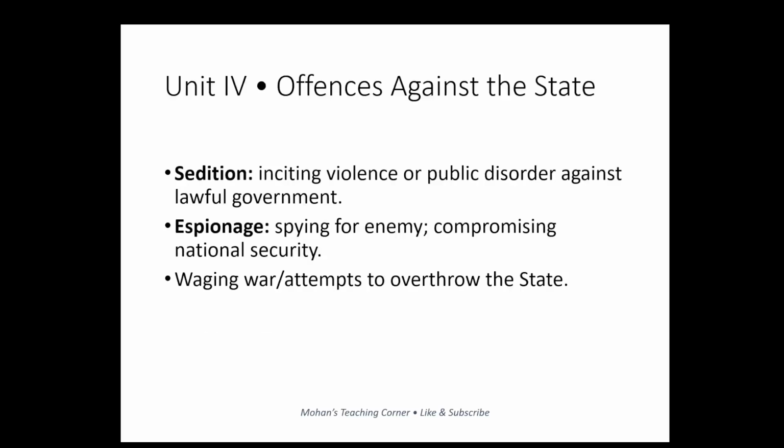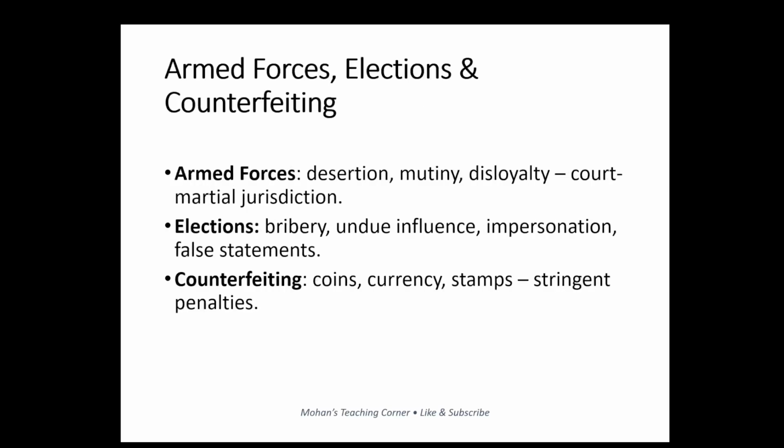So Unit 4, offenses against the state. One is sedition, which means inciting violence or public disorder against lawful government. Espionage: spying for the enemy, compromising national security. Waging war, attempt to overthrow the state.